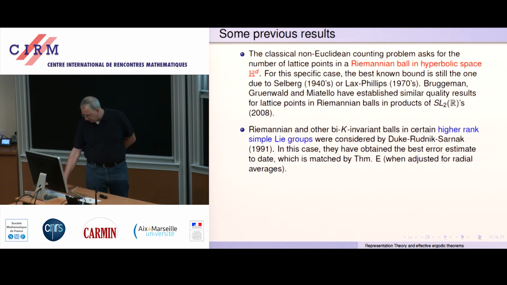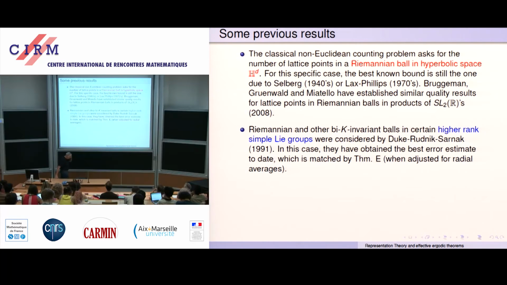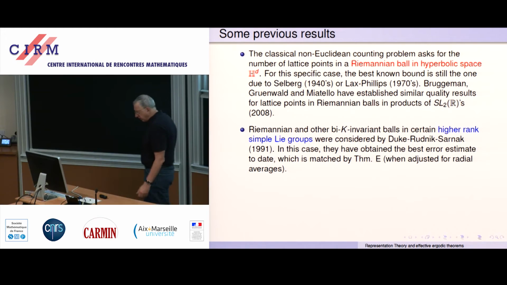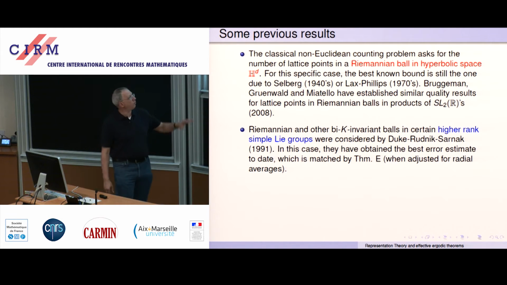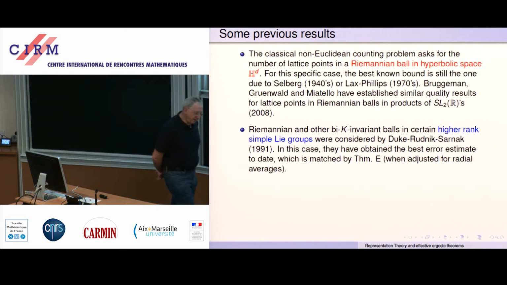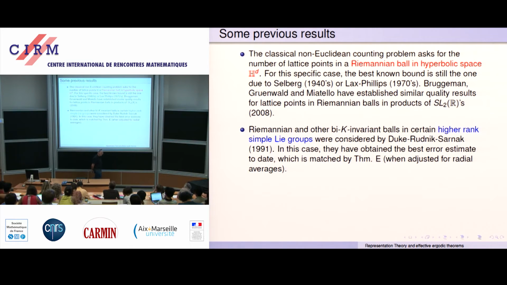So basically, what we've been going through, and I'd like to emphasize this point, I think it's a very simple argument, and I really think it's fair to say that you've seen it all. It's really quite straightforward, but it gives the best result that is now known for simple algebraic groups. So that means really that the lattice point counting problem in higher rank groups really has a long way to go.